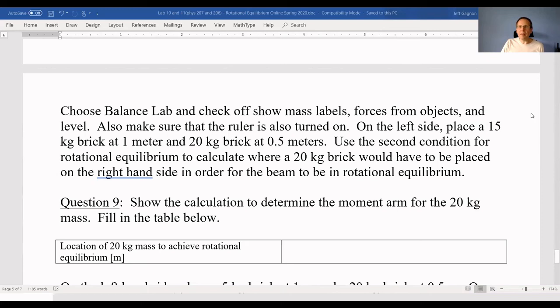When you get there, and I'll show you this in a second, you want to check off several things in the right-hand little menu where it says show mass labels, forces from objects, and level. You also want to make sure the ruler is turned on. Actually, let me go to the simulation site to show you this.